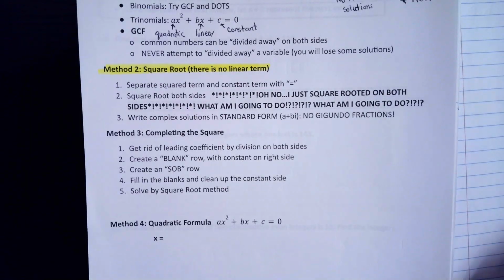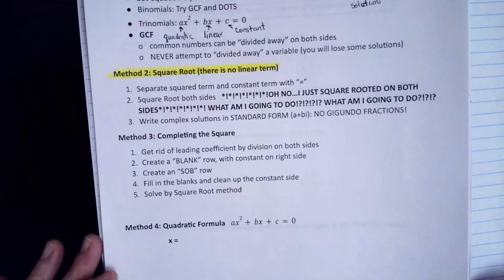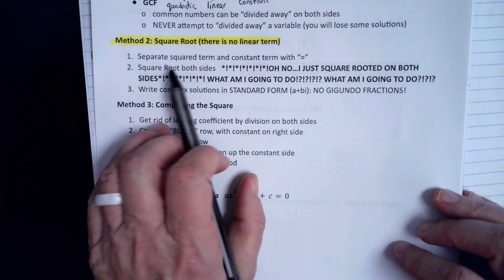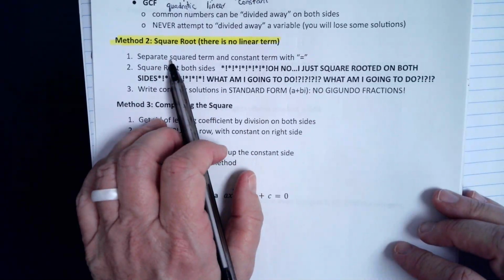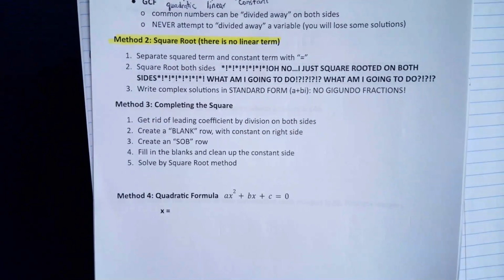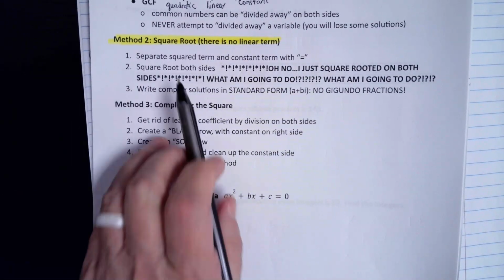Completing the square means taking it and turning it into a problem that you can use the square root method on. So, we'll look at some of both of those. You want to get the square term and the constant term separated so that your constants are on one side and your square term is on the other side, right? Then you square root both sides.